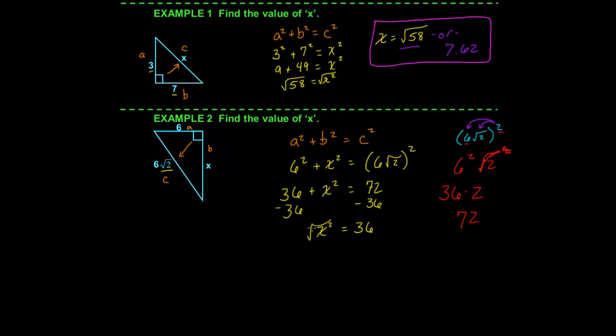So, x squared, take the square root of both sides. It's going to leave you with x equals the square root of 36. We should know that right offhand. 6. So x equals 6. This is where, if you remember me mentioning it multiple times, this side looks much, much larger than this side.